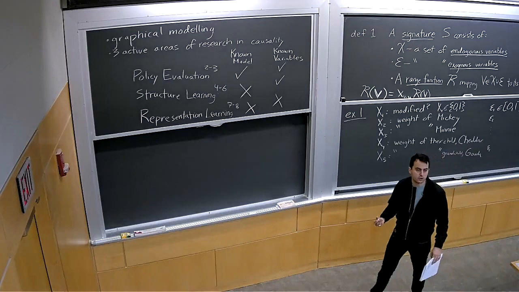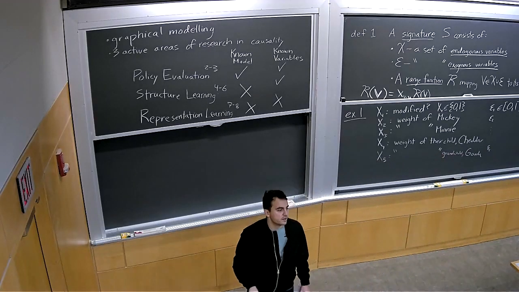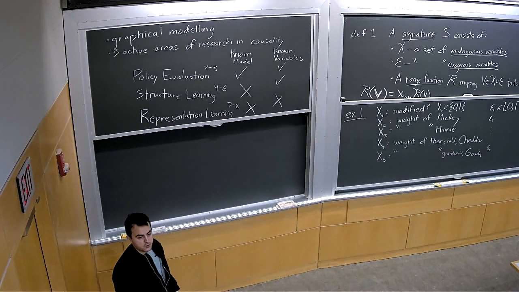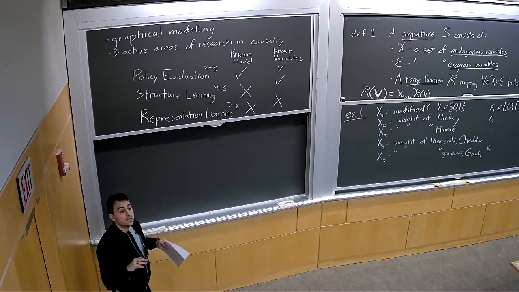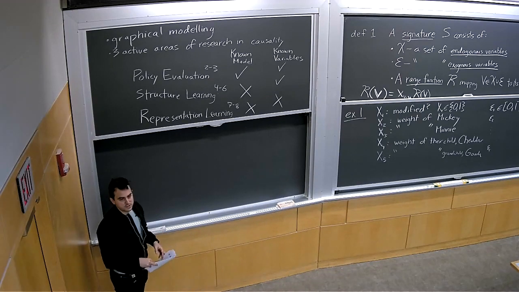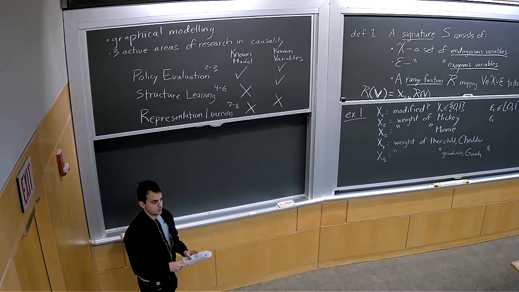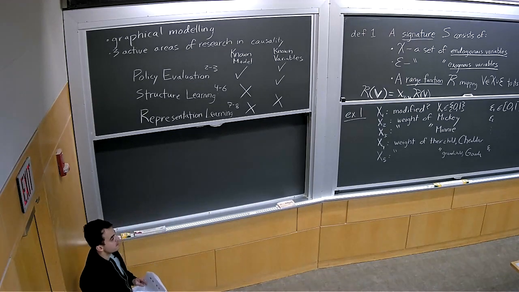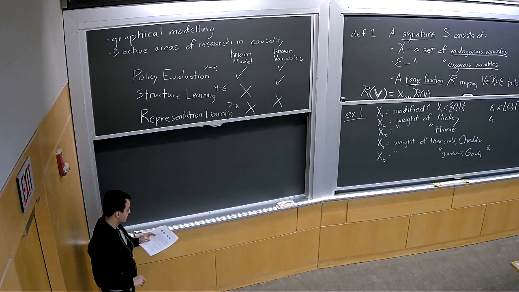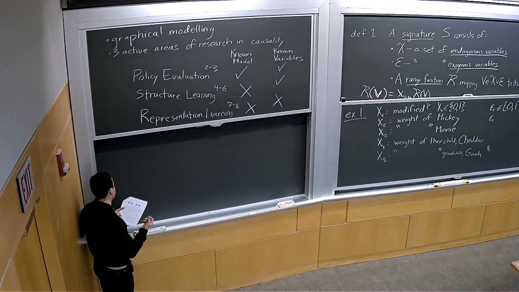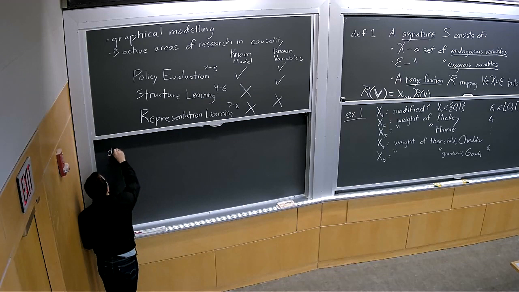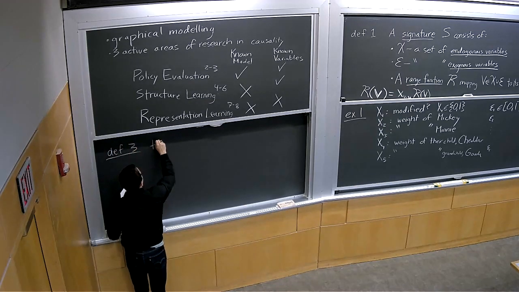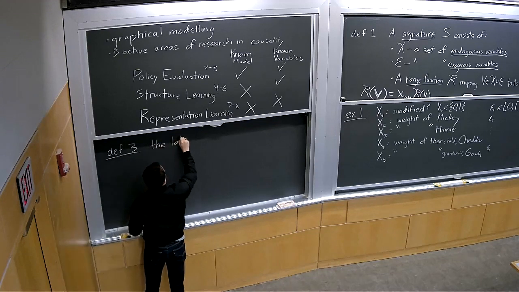We also might want a graph that doesn't include any of the exogenous variables, a graph only over the endogenous variables, which is actually typically what you'll see in the causality literature. They're not going to include the exogenous variables explicitly. And this is going to lead to another type of graph that we're going to call the latent projection.